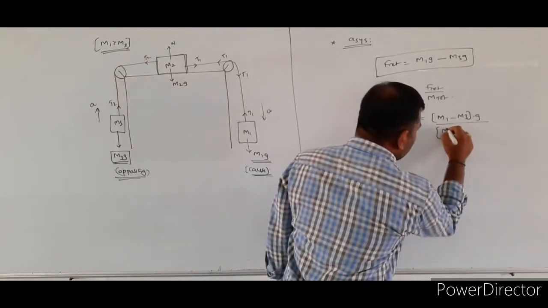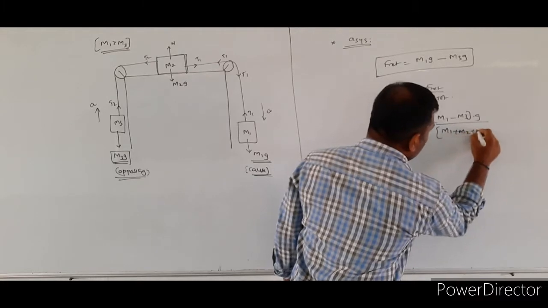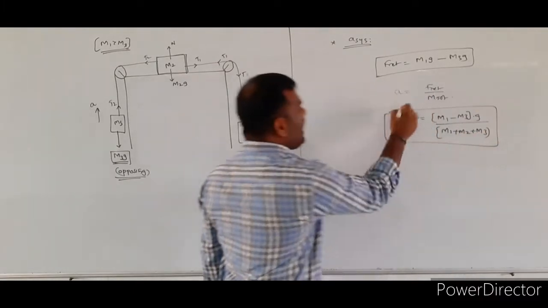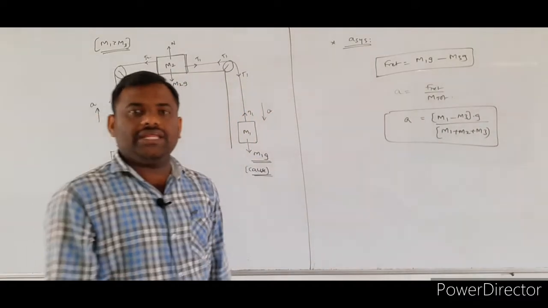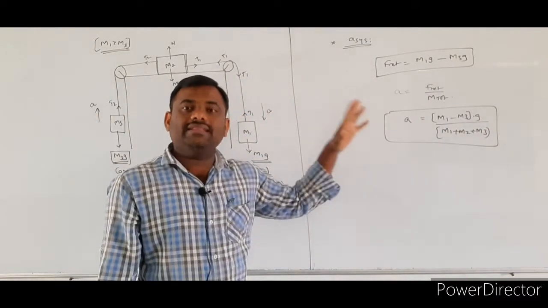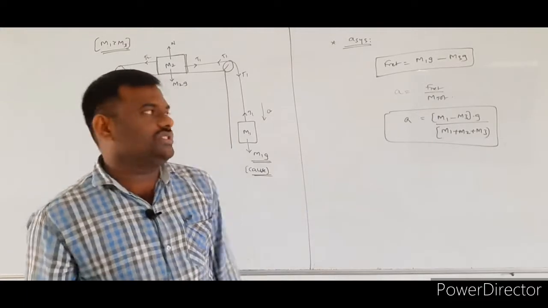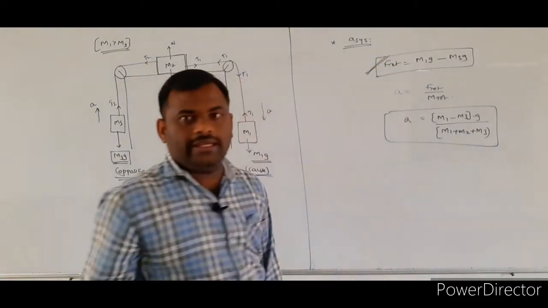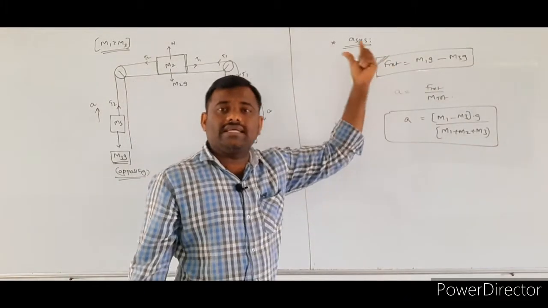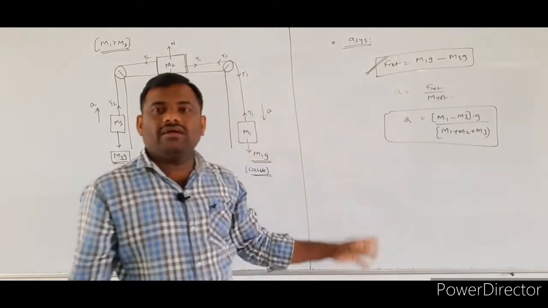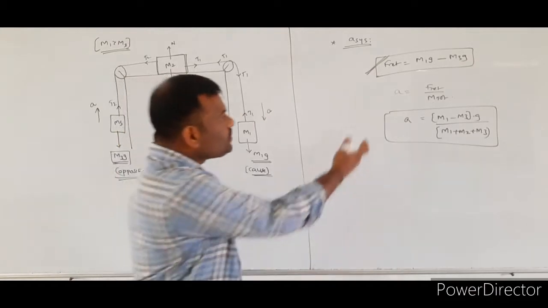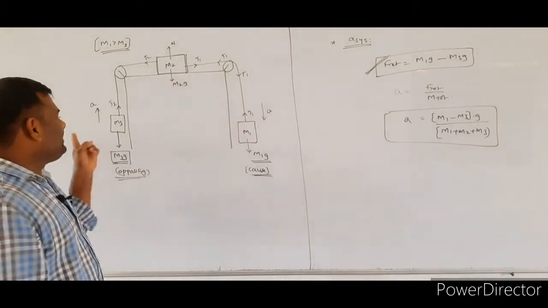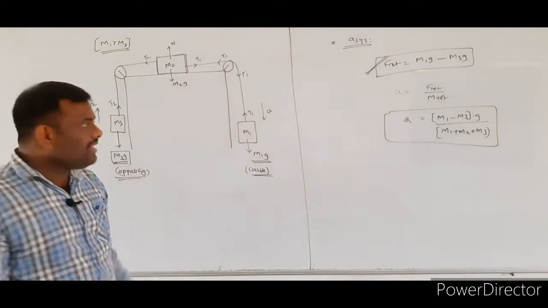So the total mass present within the system is M1 plus M2 plus M3. Like this, we calculate the acceleration of a system in the case of Newton's laws of motion. Understanding this formula is very important. If you understood that simple logic, the remaining are very easy. This is the acceleration of the system, and both blocks travel with the same acceleration.